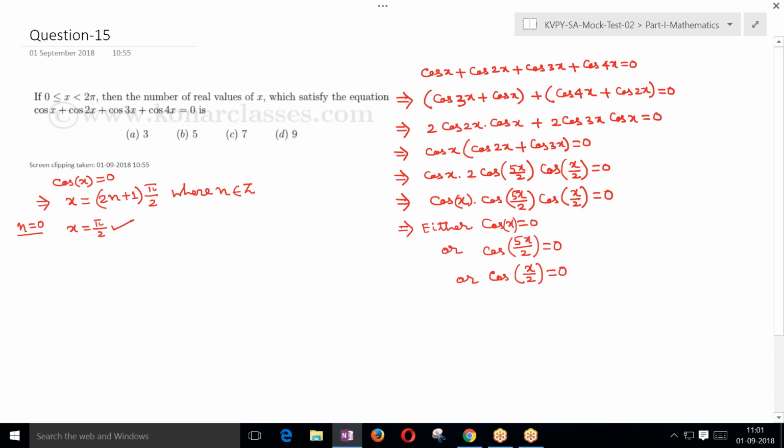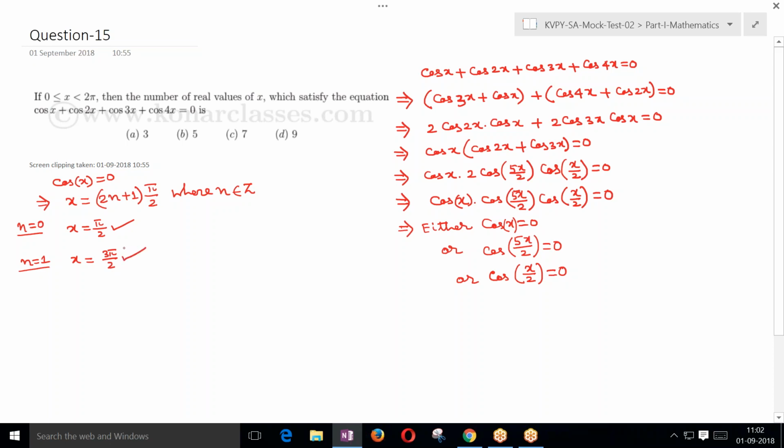Why is it an acceptable solution? Because pi by 2 is between 0 to 2 pi. Then let us apply n is equal to 1. If we apply n equal to 1, what value of x are we getting? We are getting x is equal to (2 into 1 plus 1) into pi by 2, that is 3 pi by 2. So 3 pi by 2 is also between 0 to 2 pi.